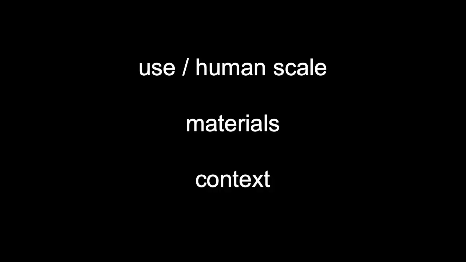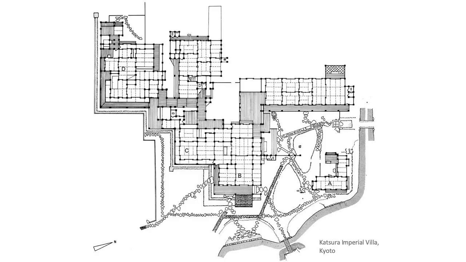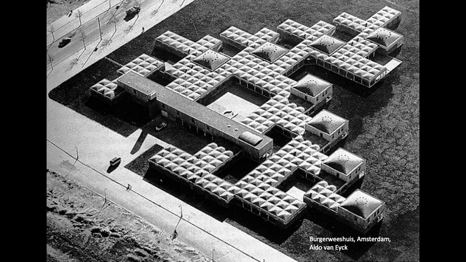So I've been talking about materials, I've been talking about use and the human scale, and I've been talking about the context. This is the floor plan of the Katsura Villa in Kyoto. This is an example of using a system of measurements to design. Maybe this one is another one. It's the Burgerweeshuis in Amsterdam by Dutch architect Aldo van Eyck.